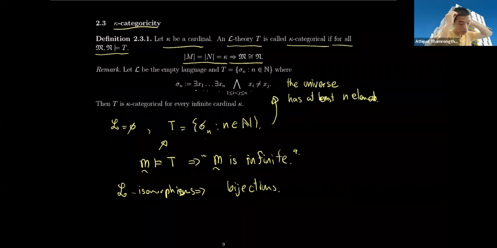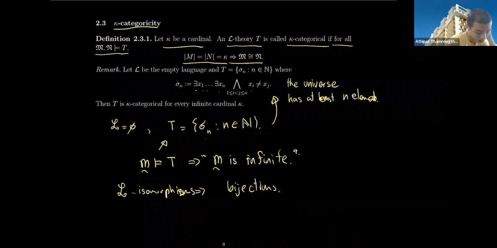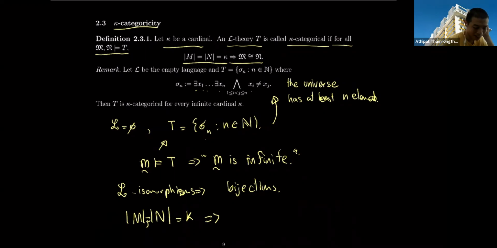And here you can get that for any two sets, if they have the same cardinality, then by the definition of cardinality, there is a bijection between them.